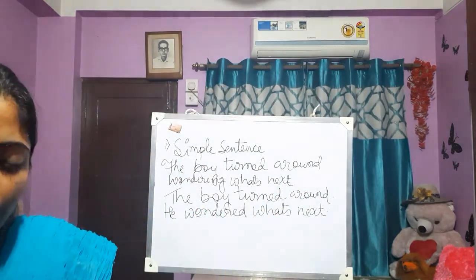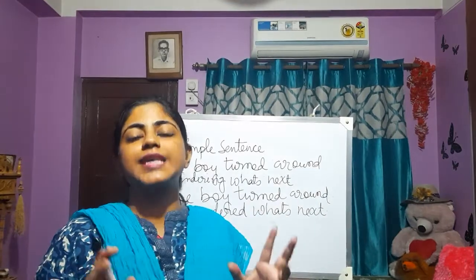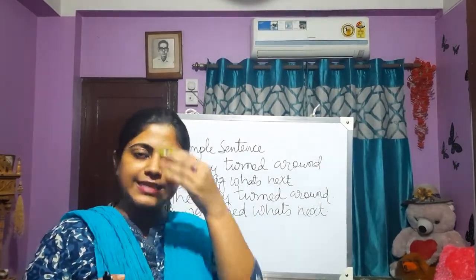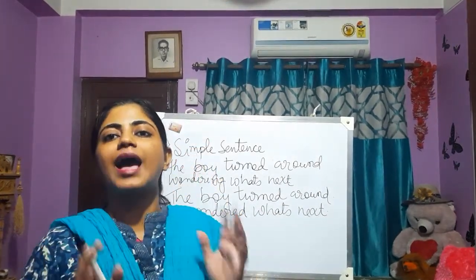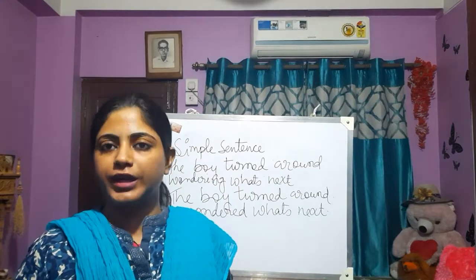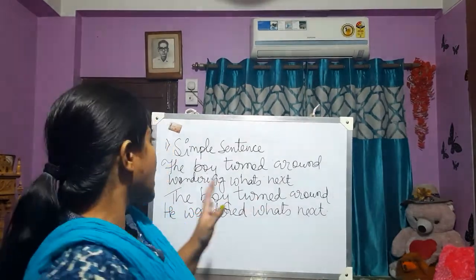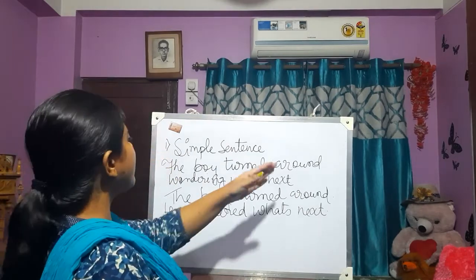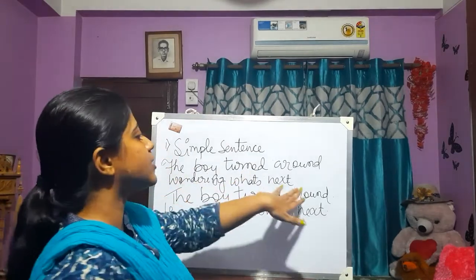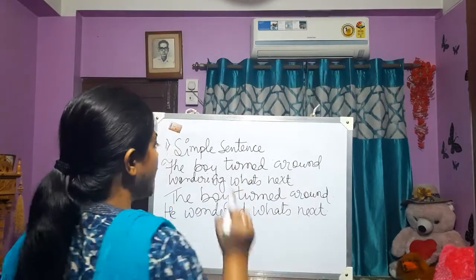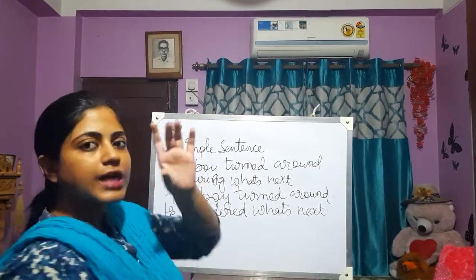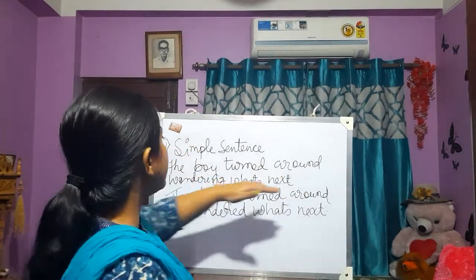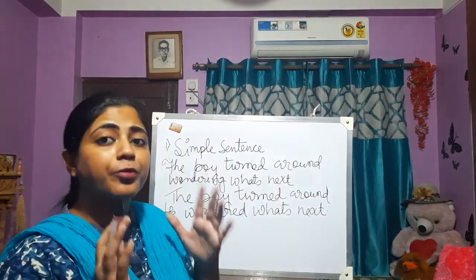Now whenever you split into two sentences or three sentences, each sentence should have a subject and a predicate. Am I clear? Like here, the first sentence, the boy turned around wondering what's next, is my question. Here, my subject is the boy and turned around wondering what's next is my predicate.